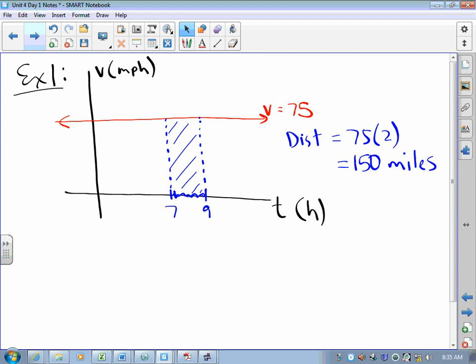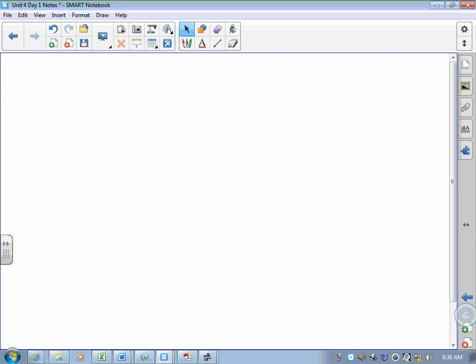And the units even work out. If you multiply miles per hour by hours, you get miles. So this is a beautiful thing, because now I know that if I want to get distance from a velocity graph, I just take the area under the velocity graph, but over the x-axis from starting place to stopping place.